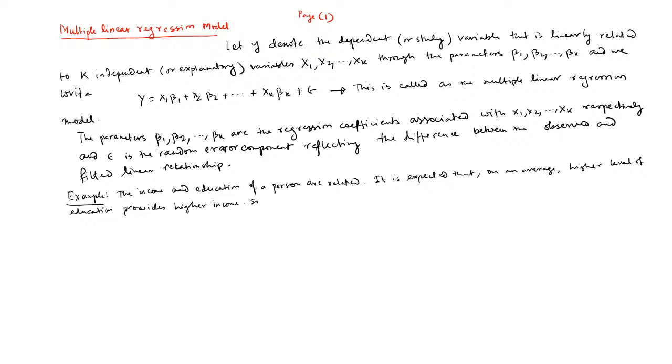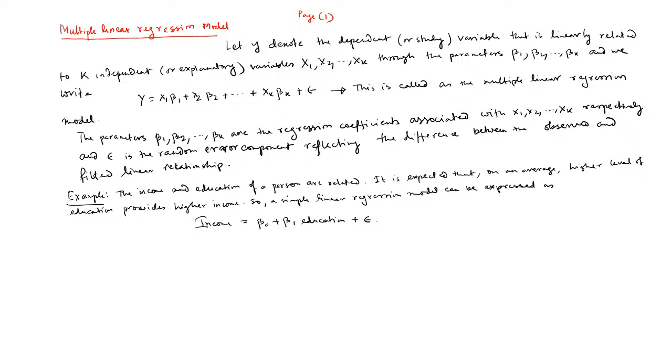So a simple linear regression model can be expressed as income equal to beta naught plus beta 1 education plus epsilon, which is the error.